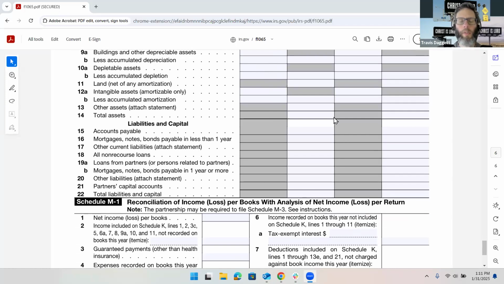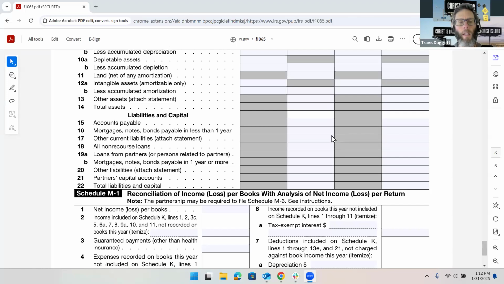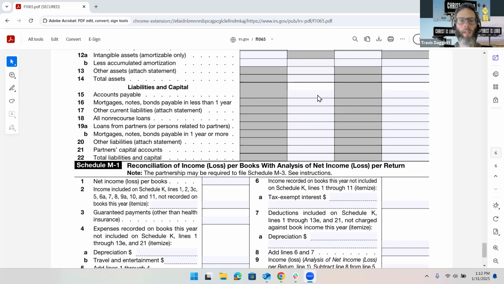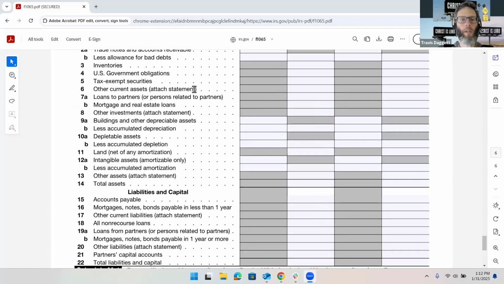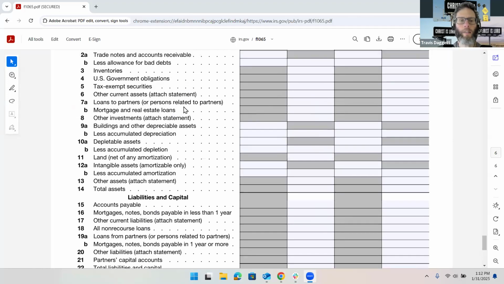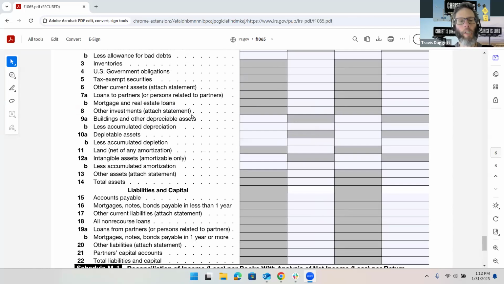So you should be thinking again in terms of a balance sheet: assets, liabilities, equity. They're calling it capital here. Accounts payable, if you're using that, if you're using bills along with vendors. And money that you owe. Since mortgages up here would be, since they're assets, these would be notes that you held. You're the lender.